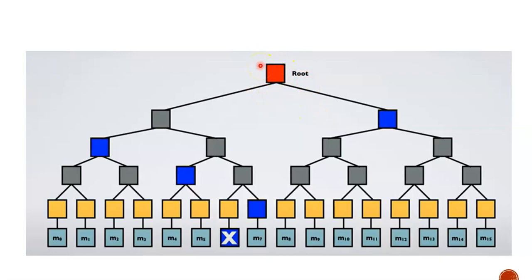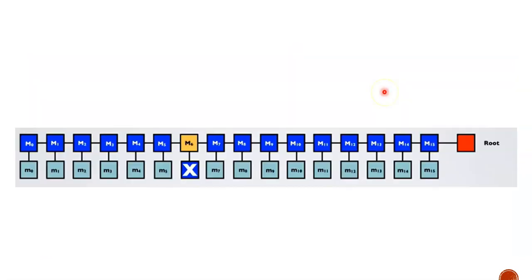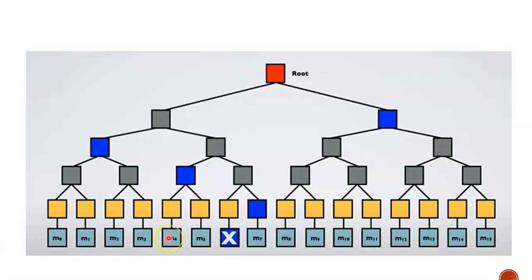So when you check the same set of 16 transactions, you required only 1, 2, 3, 4, 5 data to finally compute the root. But in the earlier case, for the same 16 transactions, you need 16 data.